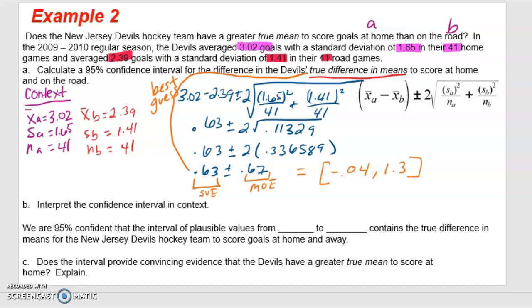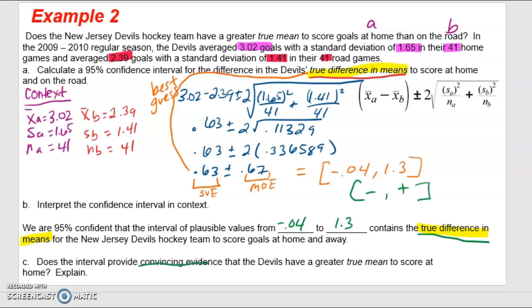So interpreting the value, we are 95% confident that the interval of plausible values from negative 0.04 to 1.3 contains the true difference in means. I'm actually going to highlight this because look at the similarity here: the true difference in means, which was also the same wording that I used in the problem.